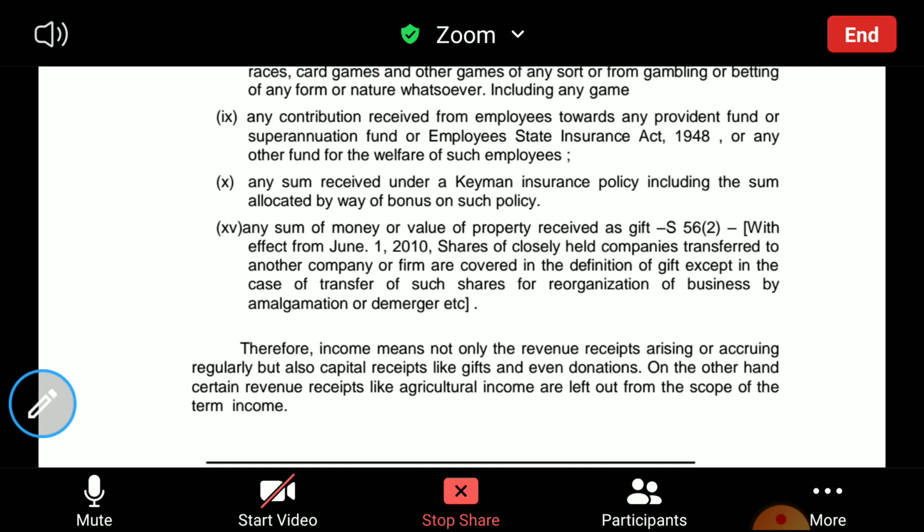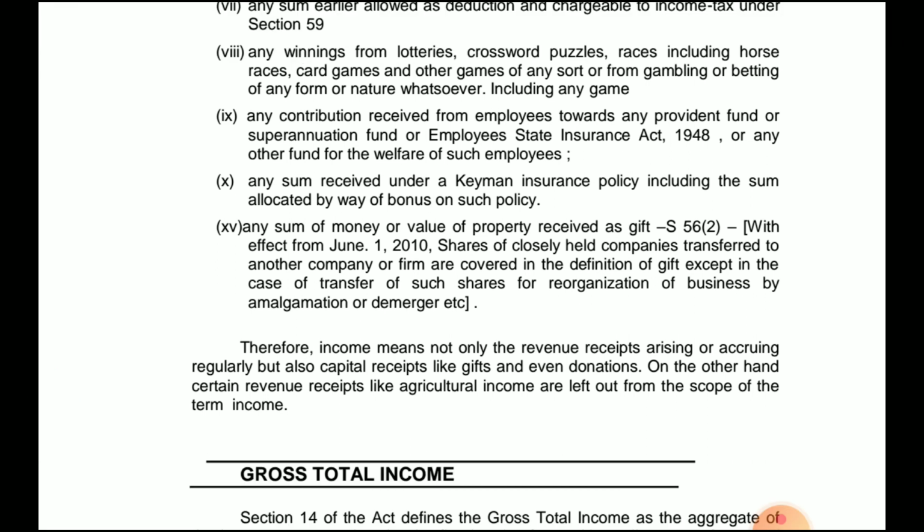Therefore, income means not only the revenue receipts arising or accruing regularly, but also capital receipts like gifts, even donations. On the other hand, certain revenue receipts like agricultural incomes are left out from the scope of the term income. So income doesn't only mean revenue receipts.